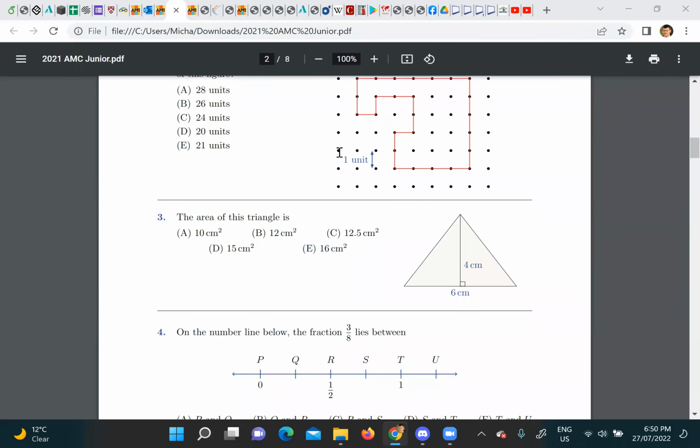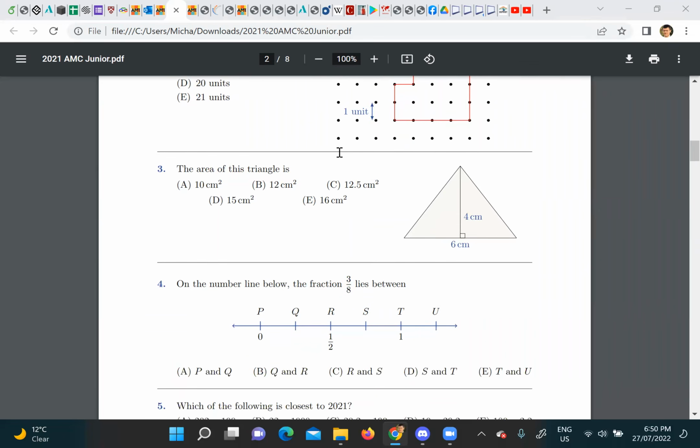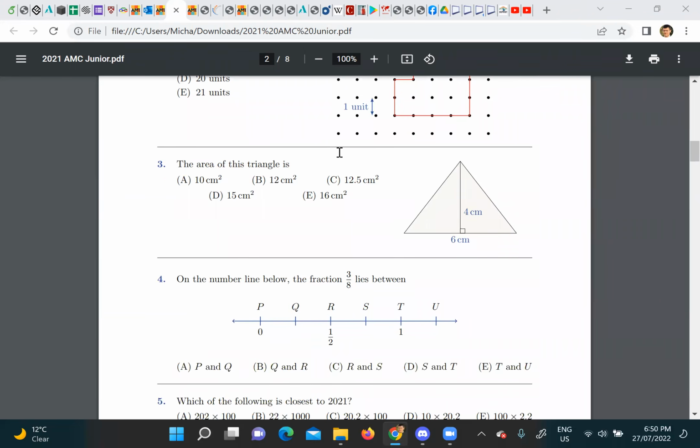The area of this triangle is what? B. It's B. Huh?